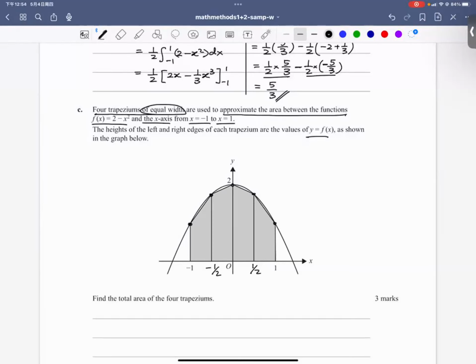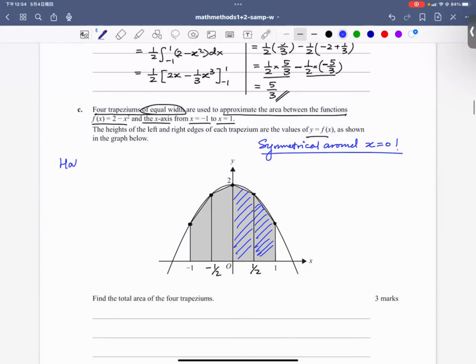But note a very important property here. Symmetrical, okay? So we could calculate the half of the total area, then double it up, okay?